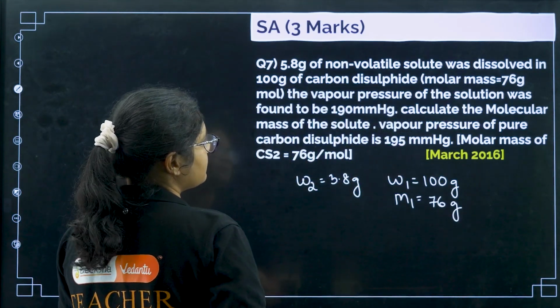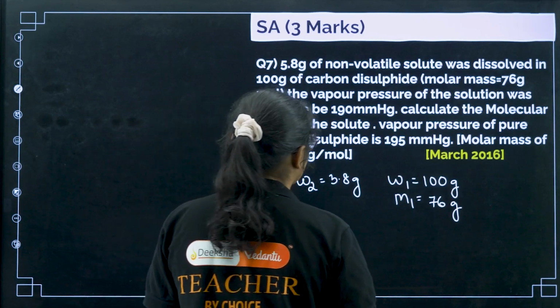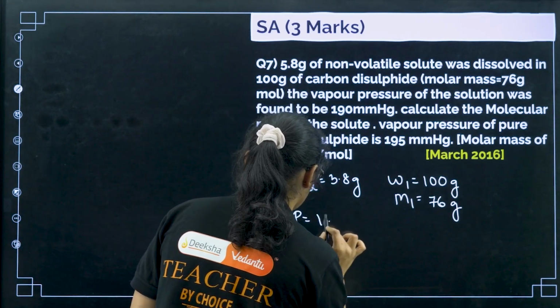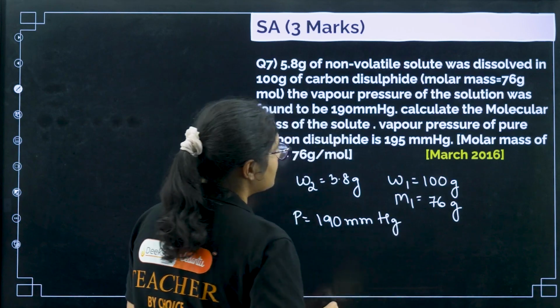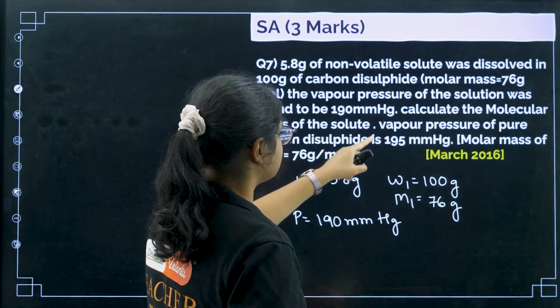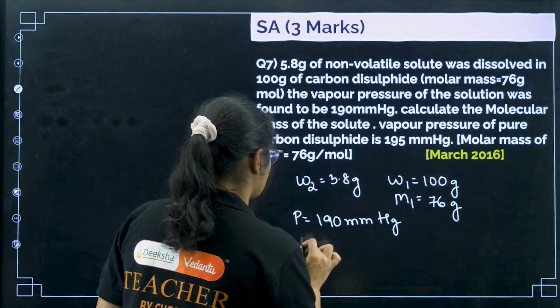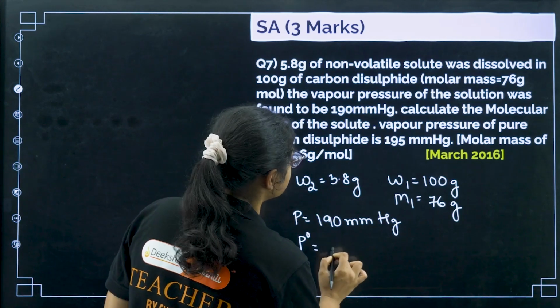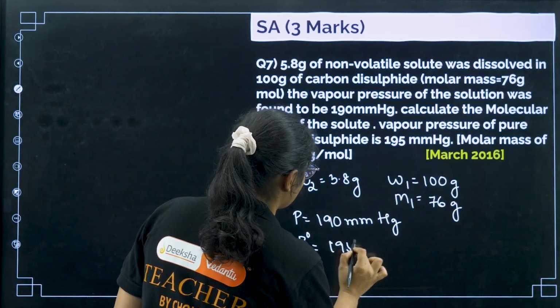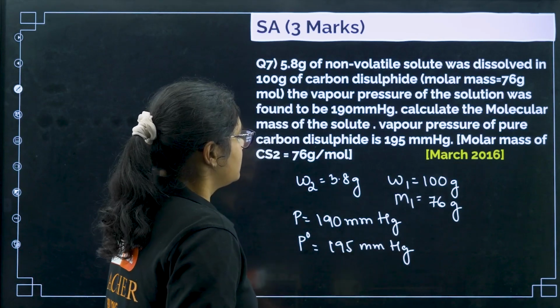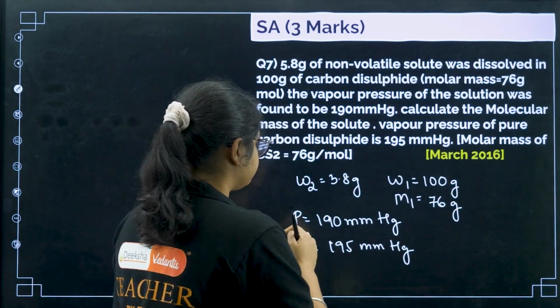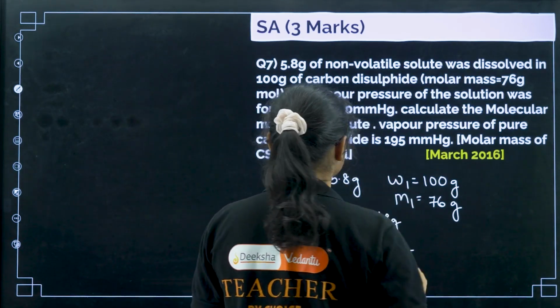The vapor pressure of the solution was found to be 190 mm of Hg. So P is 190 mm Hg. Next, calculate the molecular mass of the solute. Vapor pressure of the pure carbon disulfide, that is P naught, is 195 mm of Hg.